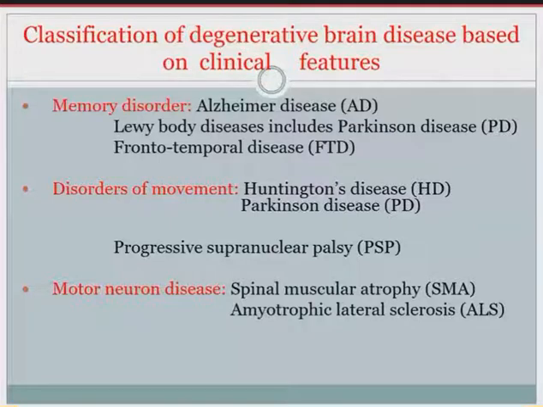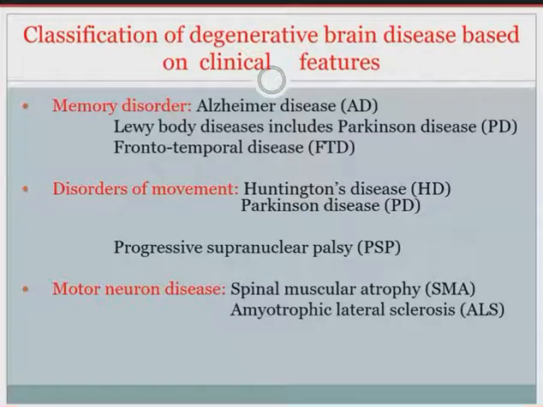The other is disorders of movement: Huntington disease, Parkinson disease, and progressive supranuclear palsy. In this class we will focus just on Alzheimer's disease and Parkinson's disease. The other category is motor neuron disease, which includes spinal muscular atrophy and amyotrophic lateral sclerosis.